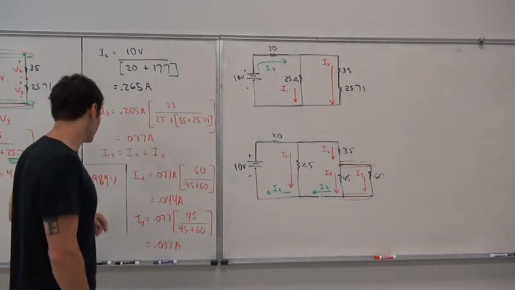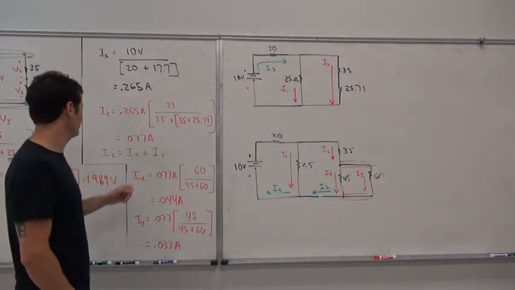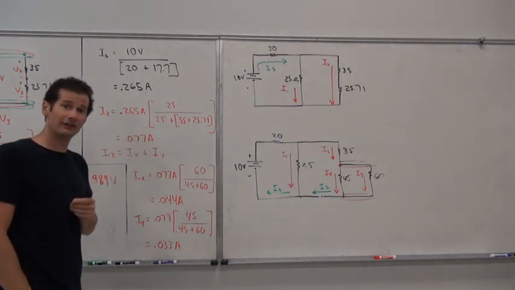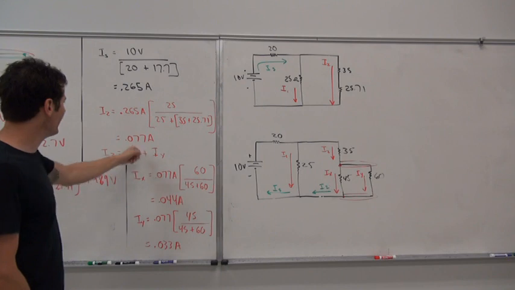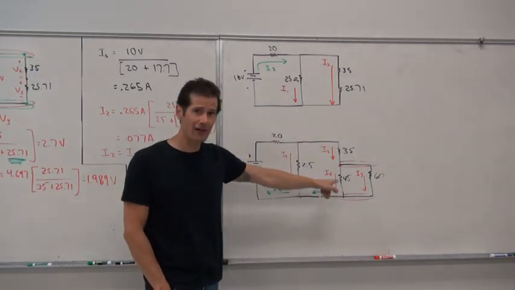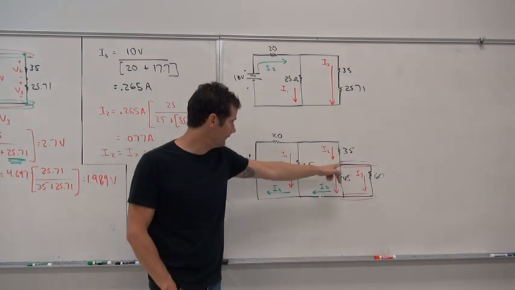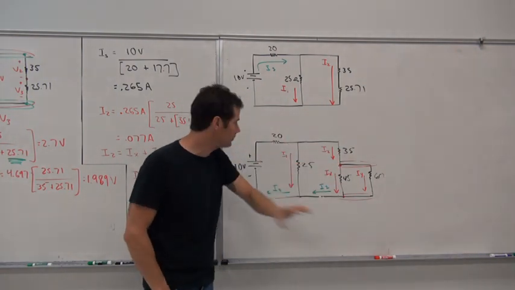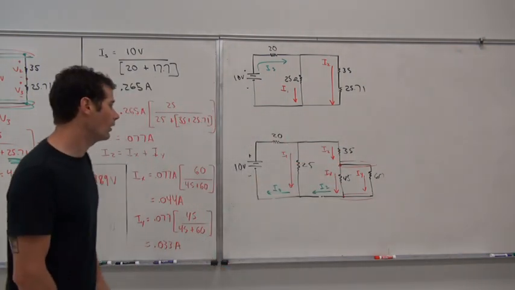Ohms cancel out, and we get a proportion. That gives us 0.077 amps. So that's a current that's going to split. Again, 0.077 amps is flowing through the 35 ohm resistor and then splits between IX and IY.